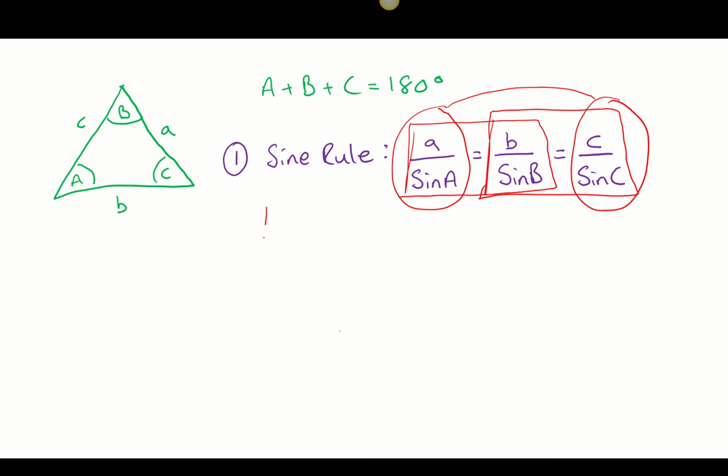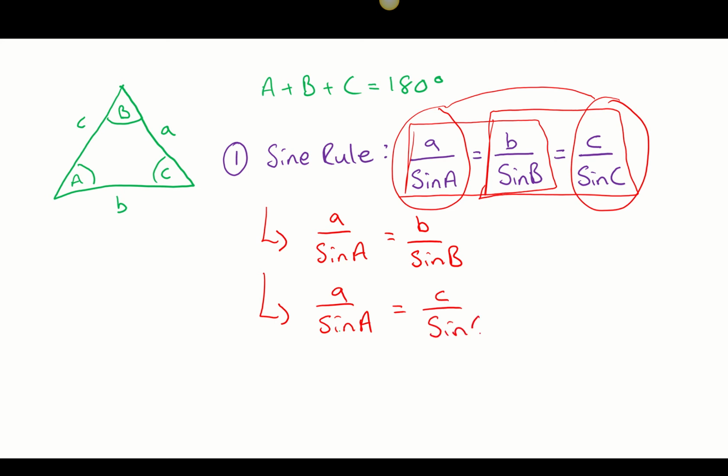So we get three equations from this: A divided by sine A equals B divided by sine B, or A divided by sine A equals C divided by sine C, or finally B divided by sine B equals C divided by sine C. The full representation is really just an expression of three different equations that could be used.